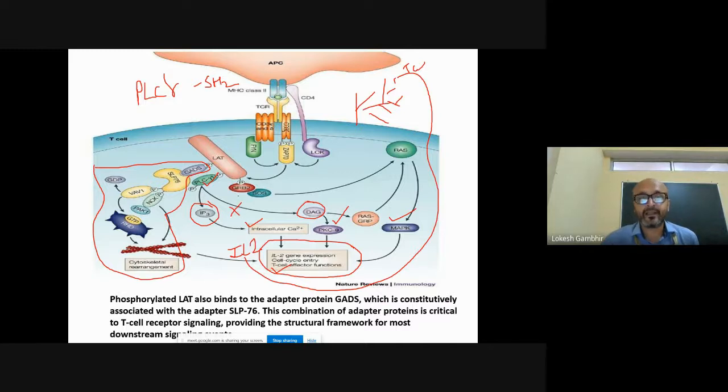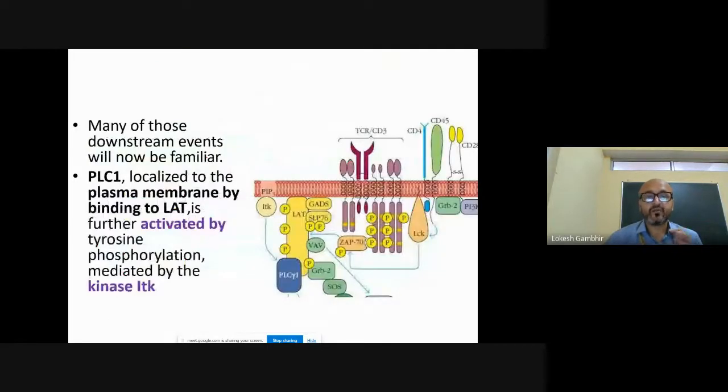Like what? Like there is another adapter protein present here, which will lead to the activation of RAS, and it will lead to the activation of this particular axis. So there are multiple axes that are present along with this particular LAT. That is why LAT, because of its bigger size, can accommodate multiple players which can perform different functions. So you see, this is how the complete signaling is going about.